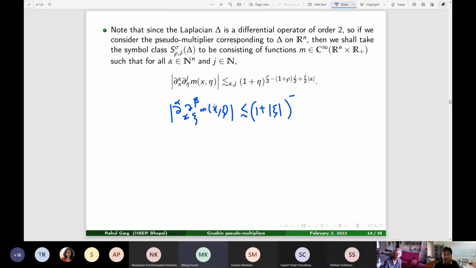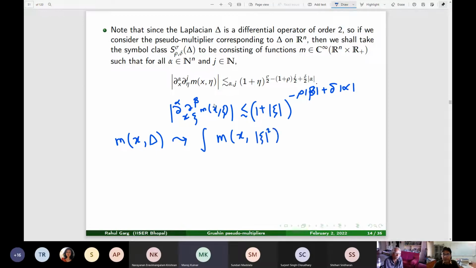Let me just say what was happening with the alpha and beta. This will be rho mod beta plus delta mod alpha. Now, if you are defining your operator and fixing your Laplacian, then this would actually correspond to looking for this kind of operator, right?